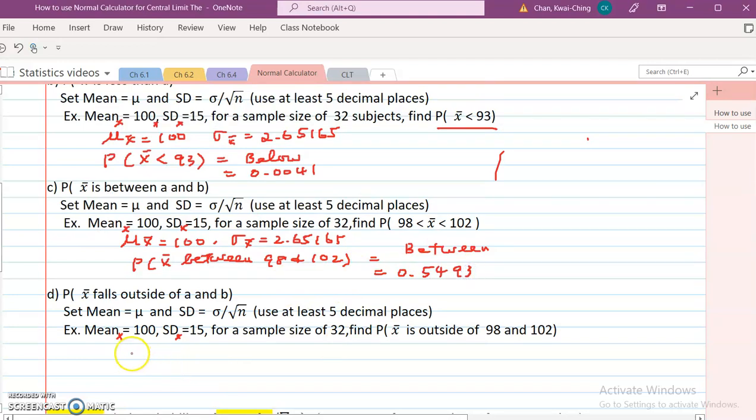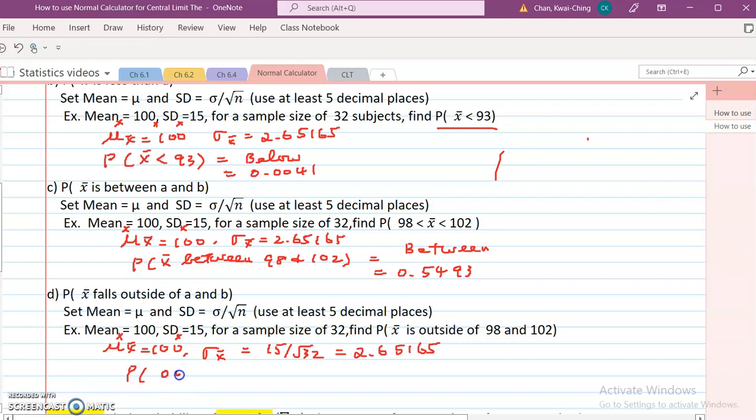And then for outside, it's basically the same thing. Remember, if you are only doing this, to calculate and input sigma x bar equal to 15 over square root of 32 equal to 2.65165. Use the decimal calculator to do that.